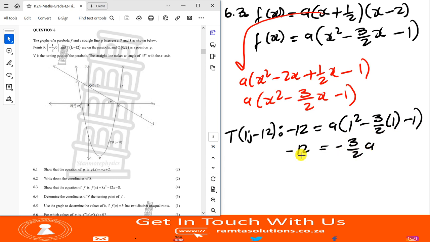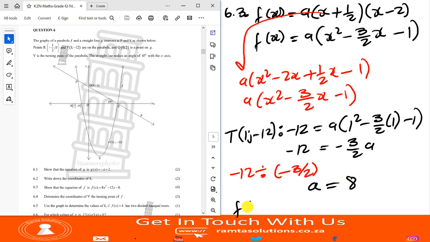When you divide negative 12 by negative 3 over 2, you will get positive 8. Therefore a equals 8.